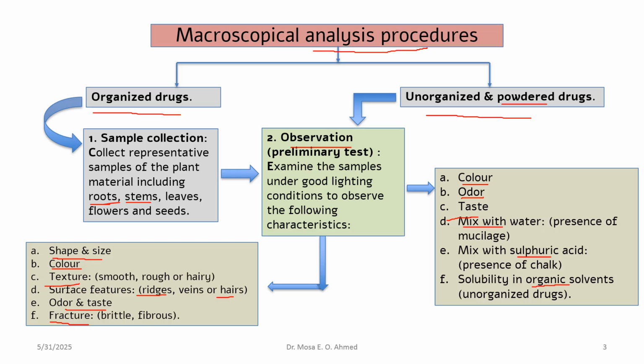So, at the end of this slide, macroscopic analysis can be carried out by two methods. For organized drugs, select the sample which is to be analyzed or identified, is it leaf or root or stem, and so on, and then we note their characters in good lighting condition to show the color, size, shape, texture, and so on.